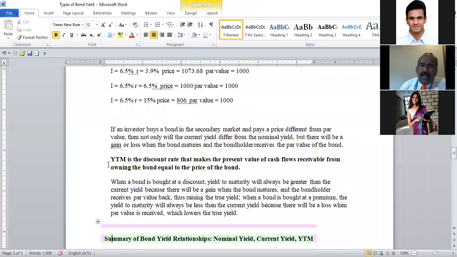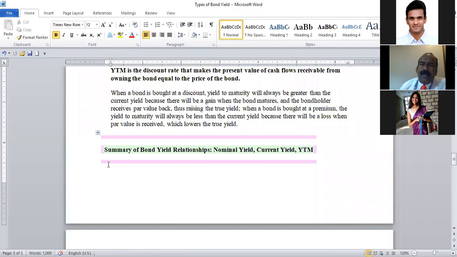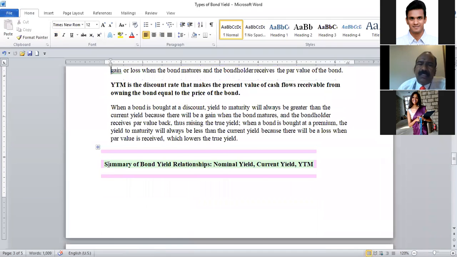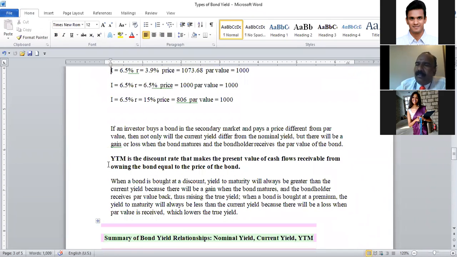So I read the second paragraph. When the bond is bought at a discount, yield to maturity will always be greater than the current yield. The third one, I is equal to 6.5, R is equal to 15, price is equal to 806, par value is 1000.